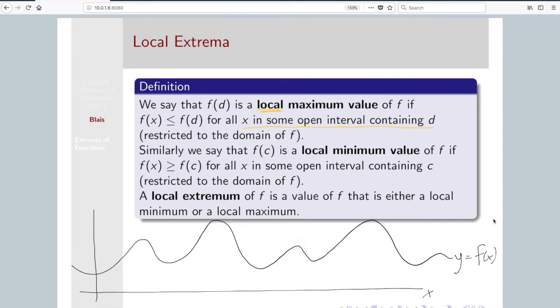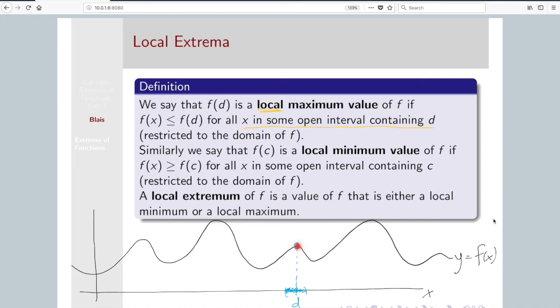And the definition is that it's a local maximum value, because if you take that point and then you come down here and you choose just values in this interval, all that matters is that there is some interval around here, around our d.